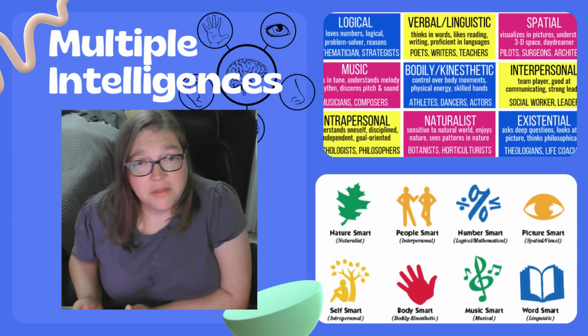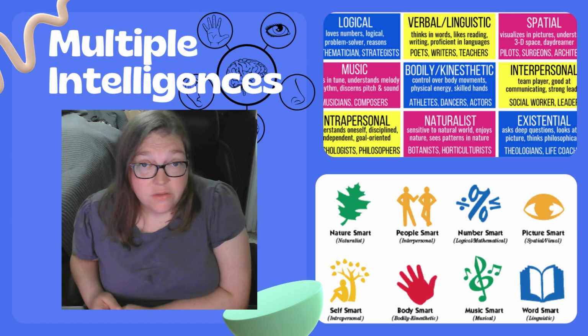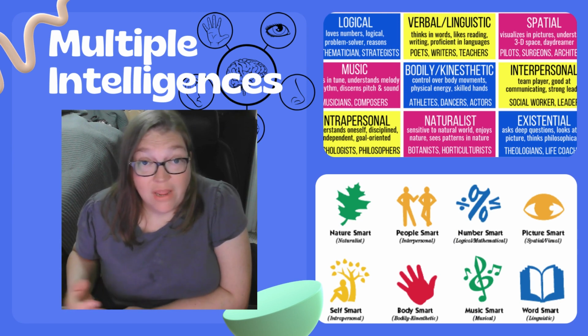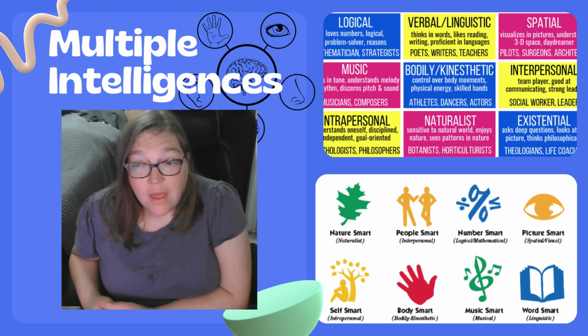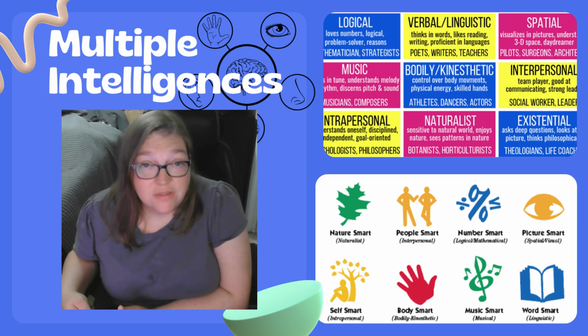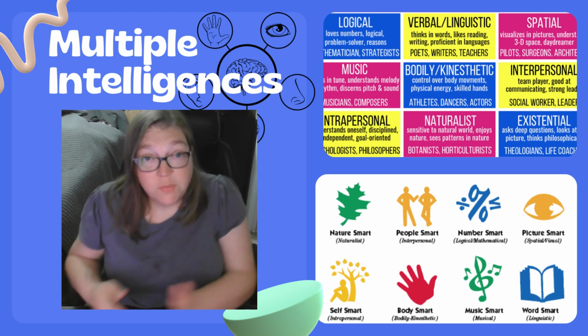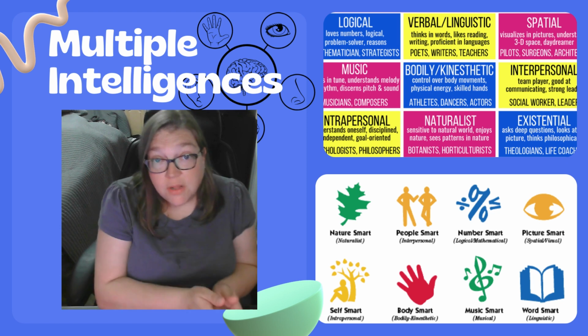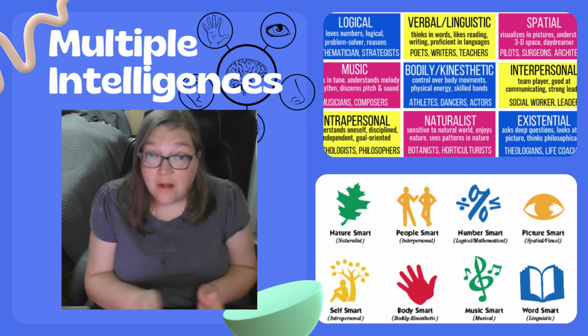So how does all of this fit into your classroom, the modern classroom? Well, way back in 2010, before the pandemic was a thing, before e-learning really took off, a man named Alfred De Janeiro decided that he would do a study based on multiple intelligences and e-learning, multiple intelligences and technology.